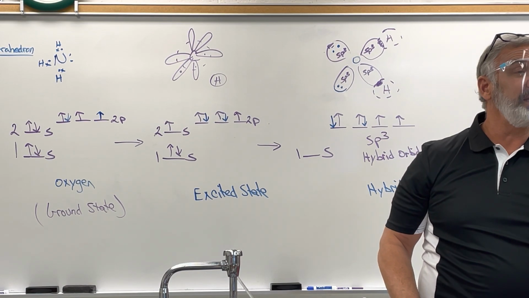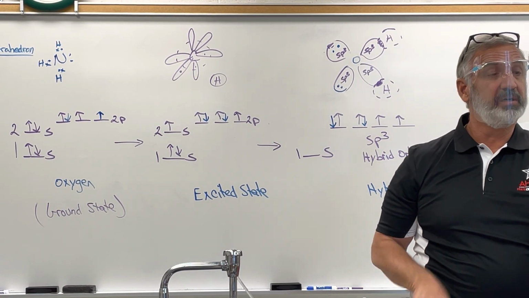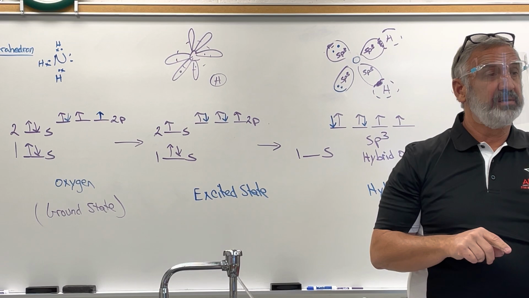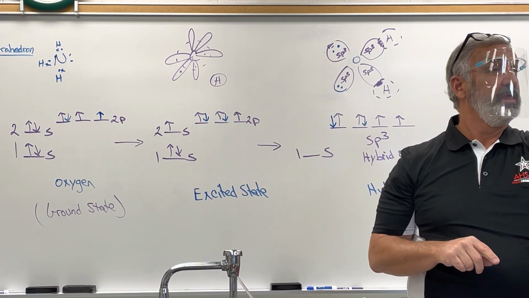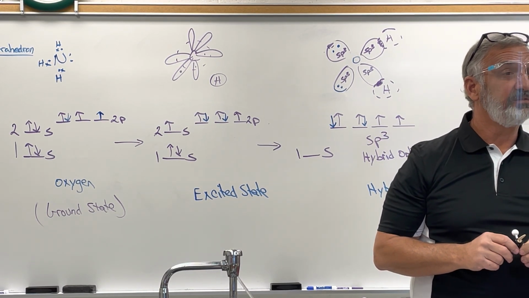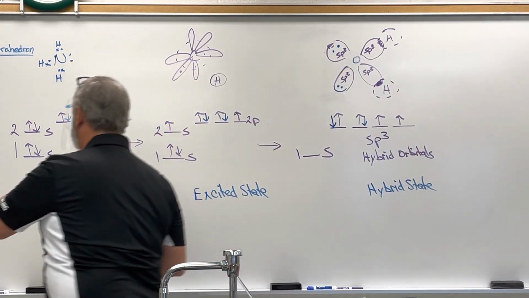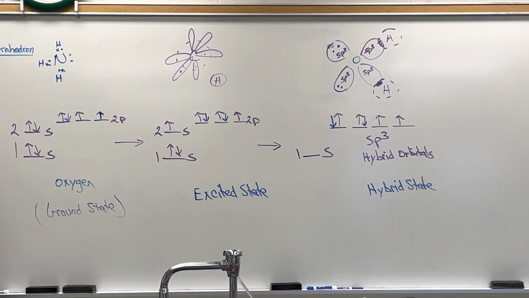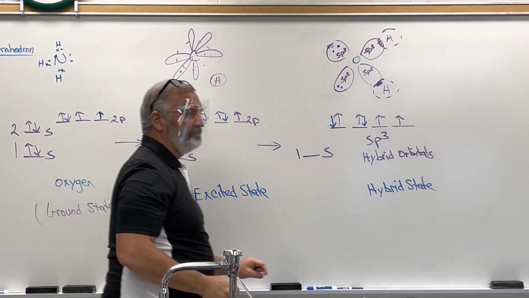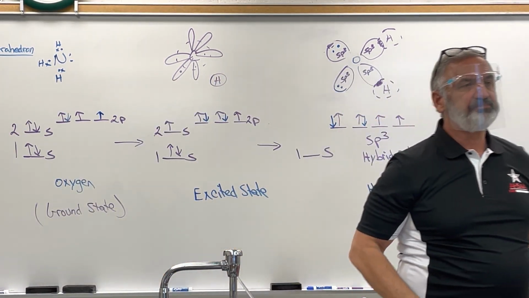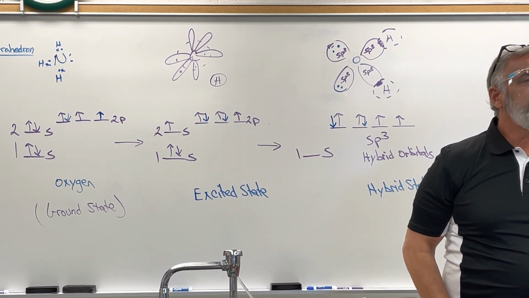What do you think the bond angle is approximately in water? 120? No. 105. Somewhere around 105, because it's going to be about 2 degrees per lone pair decrease. So we start at 109.5, but for water, with 2 lone pairs, the actual bond angle is 104.5, I believe. 104.5 degrees, because of the 2 lone pairs.